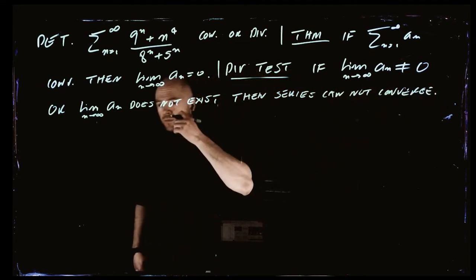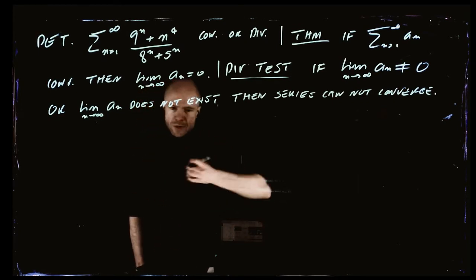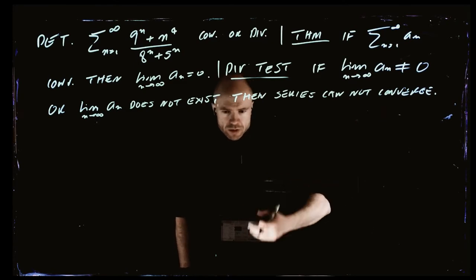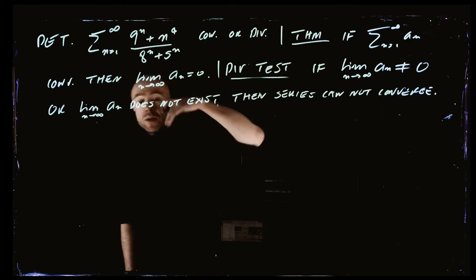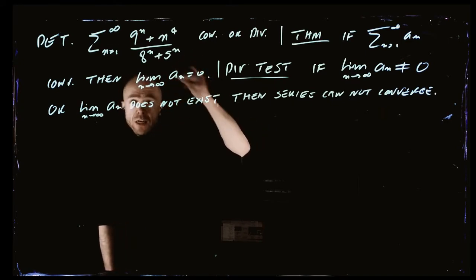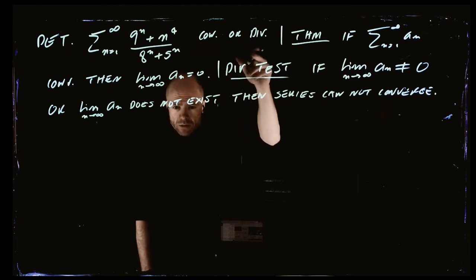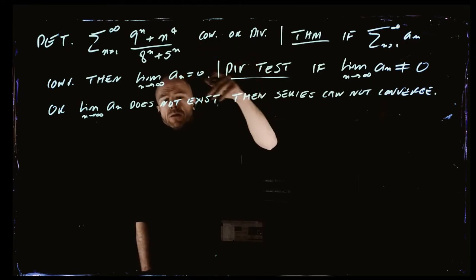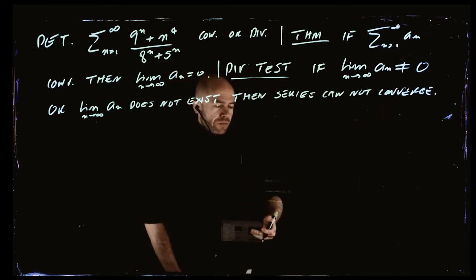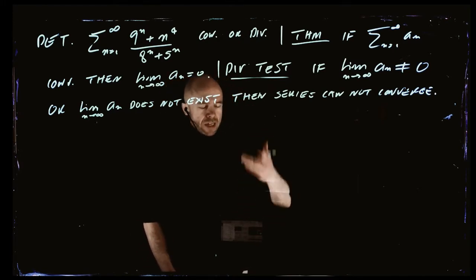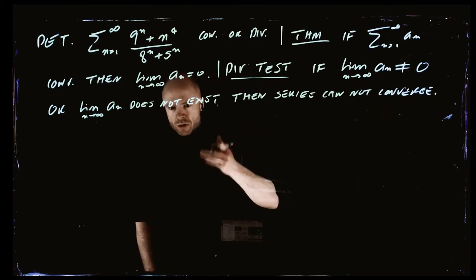So what have we learned about series? We've learned that there are particular kinds of series we can actually calculate what they converge to: geometric series and telescoping series. And the only other thing we've learned about series is whether or not they converge, using this test. So a hint about what we need to do here is that it's asking us, does it converge or diverge? If it was a series we can calculate the sum of, there's a good chance it would say, what does the series equal, or what does it converge to?